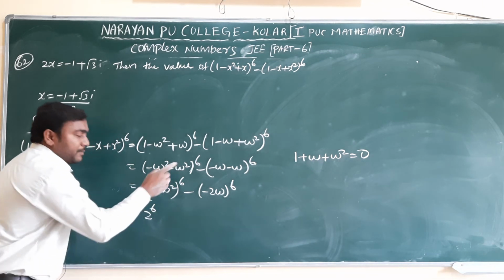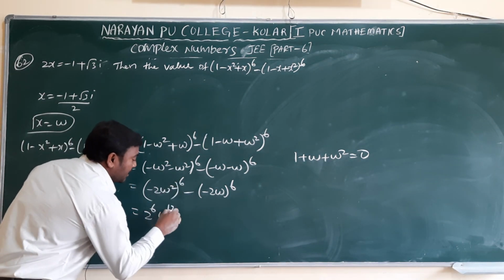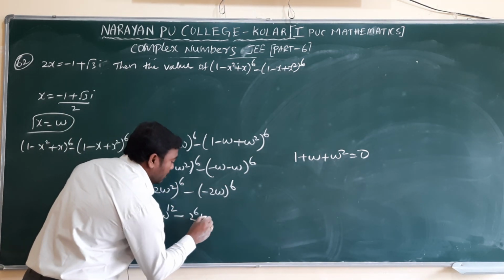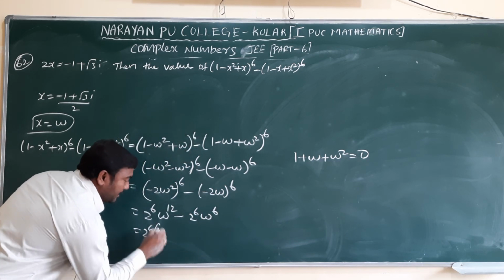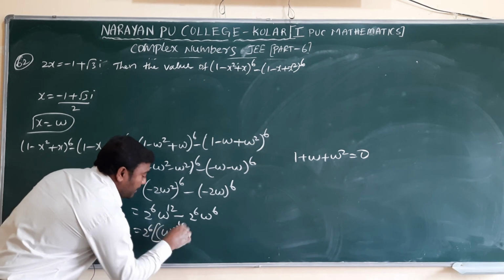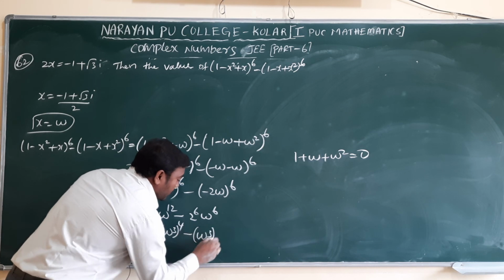Here 2 power 6 into (omega square) whole power 6, which means omega power 12, minus 2 power 6 into omega power 6. Now we take 2 power 6 common, remaining omega power 12 can be written as (omega power 3) whole power 4 minus (omega power 3) whole power 2.